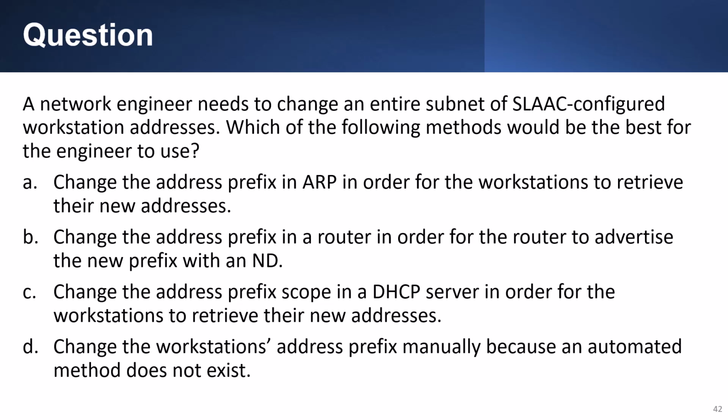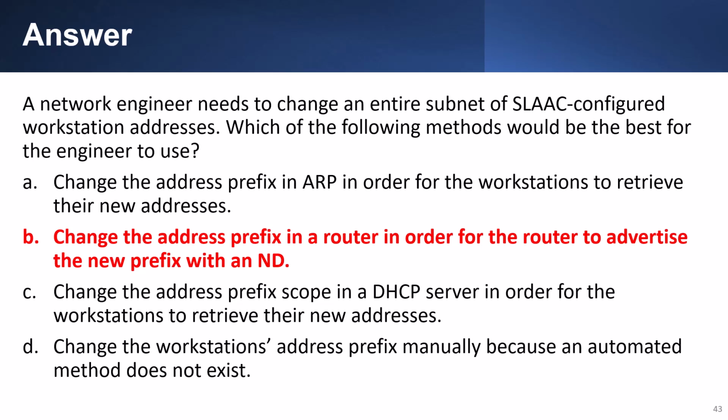Question: A network engineer needs to change an entire subnet of SLAAC configured workstation addresses. Which of the following methods would be the best for the engineer to use? Answer: Change the address prefix in the router in order for the router to advertise the new prefix with an ND.